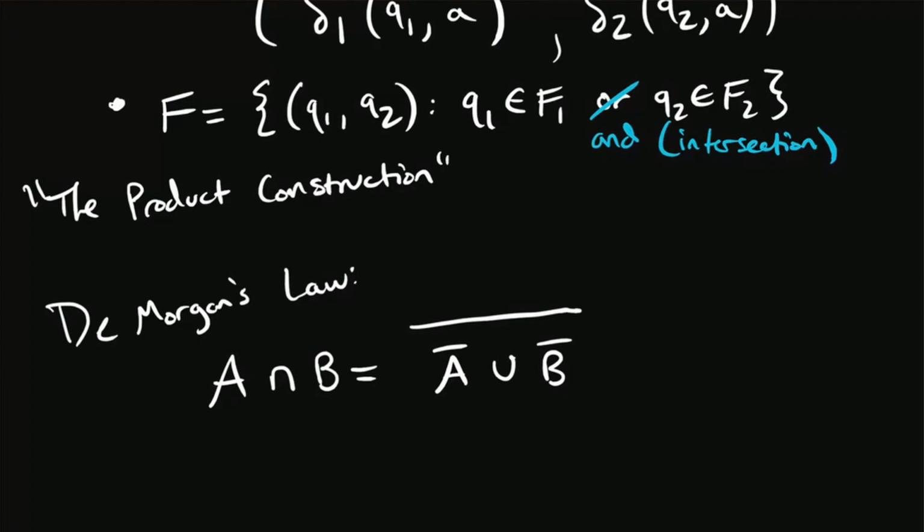If we have union, do we have intersection from this? Yeah. Why? What else do we have? We have closure under complement. So if A and B are both regular, are not A and not B both regular? Yeah, because we have closure under complement.